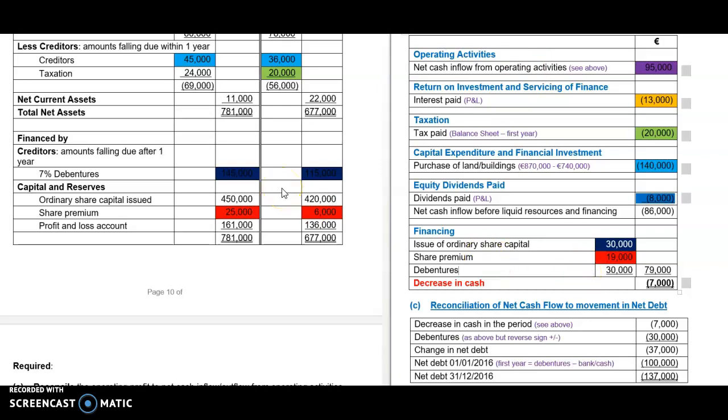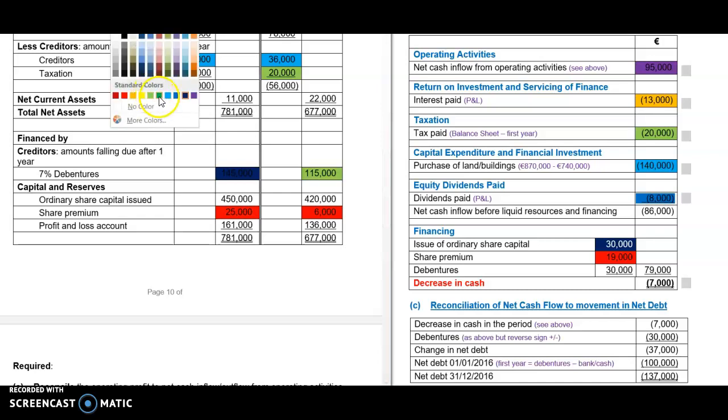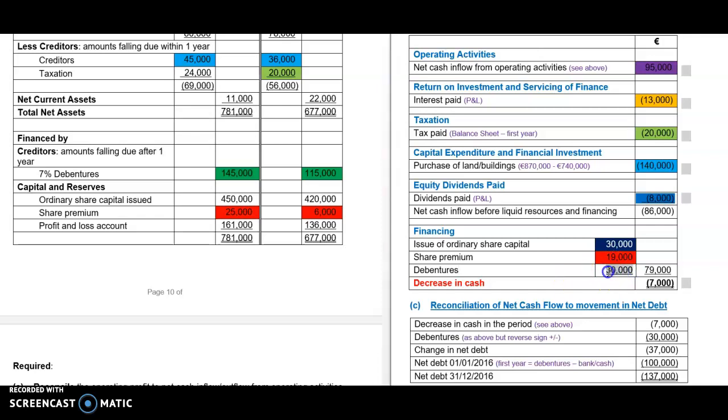Debentures, just highlight this again. In 2015 were €115,000, and in 2016, €145,000. So again, you can see the difference between the two, €30,000. Again, an extra €30,000 coming into the business, so it's a plus.